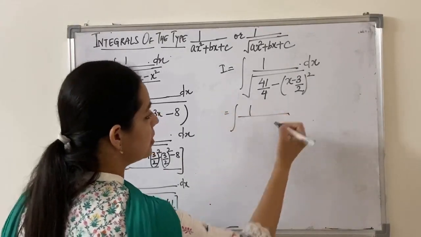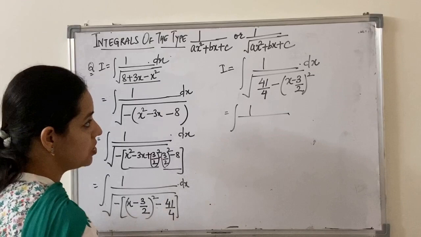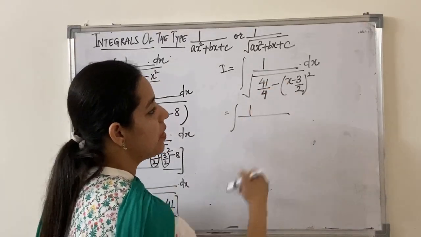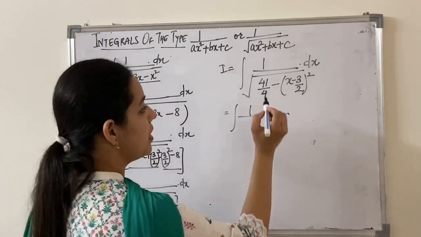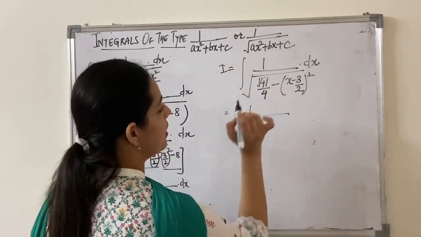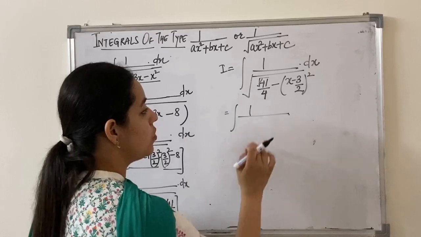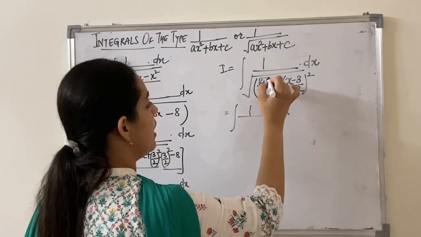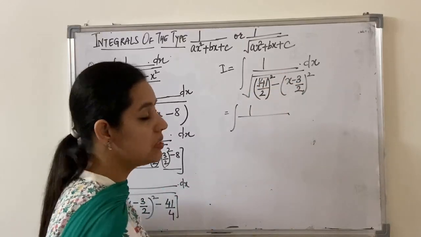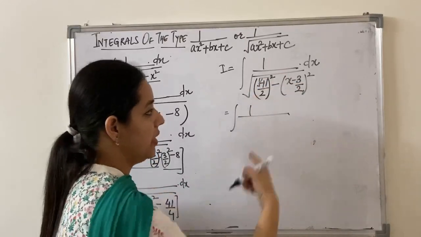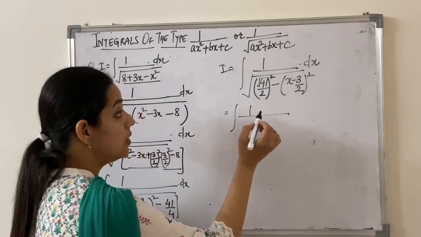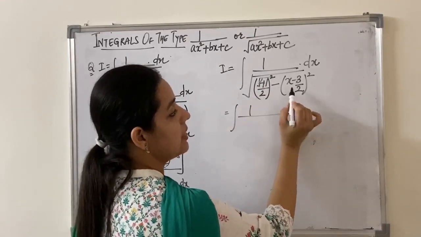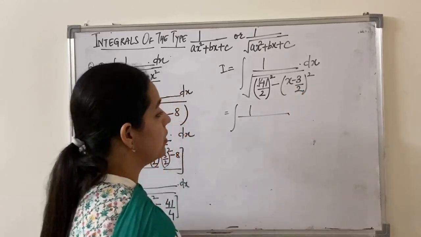If you remember the forms that we just did, it is of the form 1 upon under root of a square minus x square. We can express it in that form by writing 41 as under root of 41 and writing 4 as 2 and taking its square. So it is now of the form 1 upon under root of a square minus x square. Here our a is under root of 41 upon 2 and x is x minus 3 by 2.